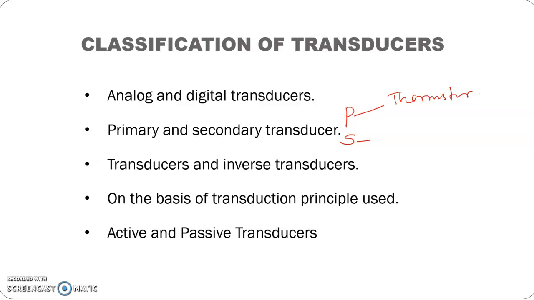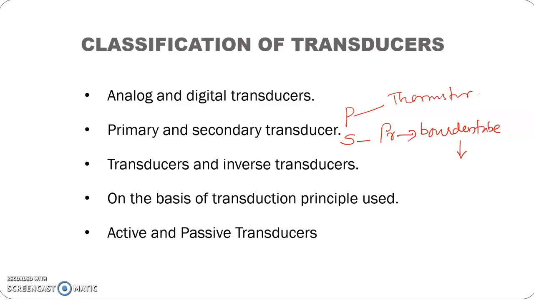We can't directly measure the pressure using an LVDT. So in that case, we are sensing the pressure using a Bourdon tube. So here the Bourdon tube is the sensor, and the pressure is converted into a displacement in the Bourdon tube.